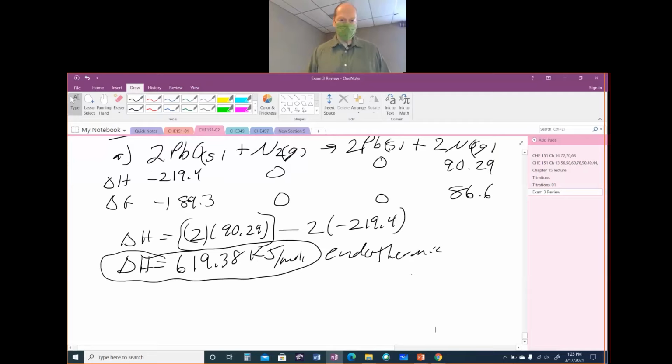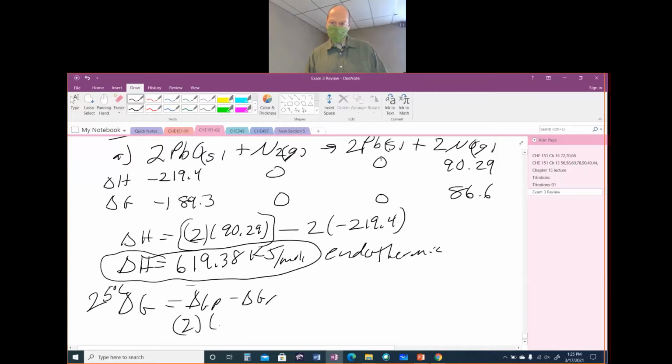Now we're going to find our delta G, same way. Delta G products minus delta G reactants. Again, we are at 25 degrees Celsius, the only time you can use that. So it is 2 times the 86.6 minus 2 times the negative 189.3.